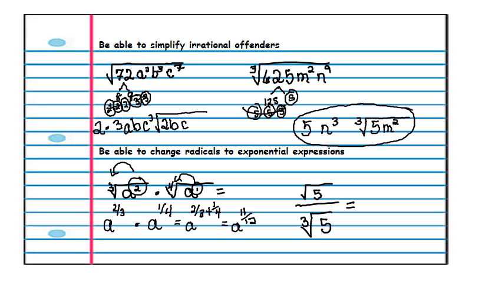Same thing happens when we do the division. We just go to exponential rule number 2. It's going to give us a 5 inside power over outside index, so 5 to the 1/2 over the base here of 5 inside power 1 over outside index.